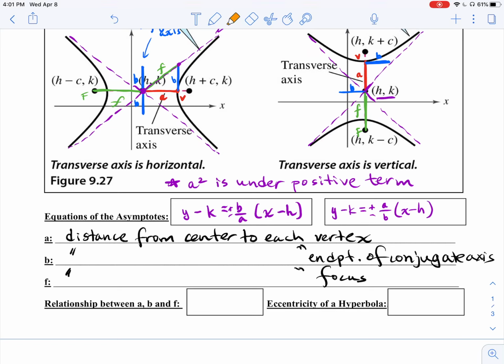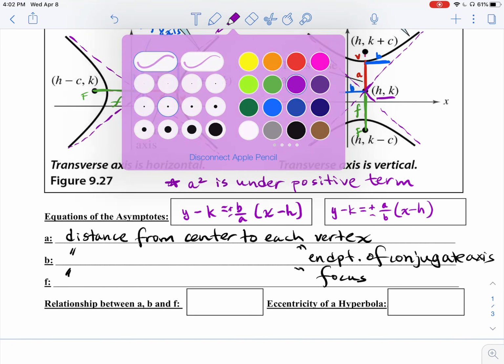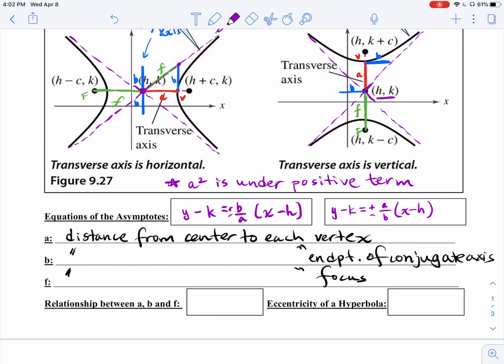And if you recall what our a, b, and f values do, so just looking back here, we've got our a, we have our b, and we have our f. We've got a right triangle, which means the relationship between all of them is simply the Pythagorean theorem. A squared plus b squared is equal to f squared.